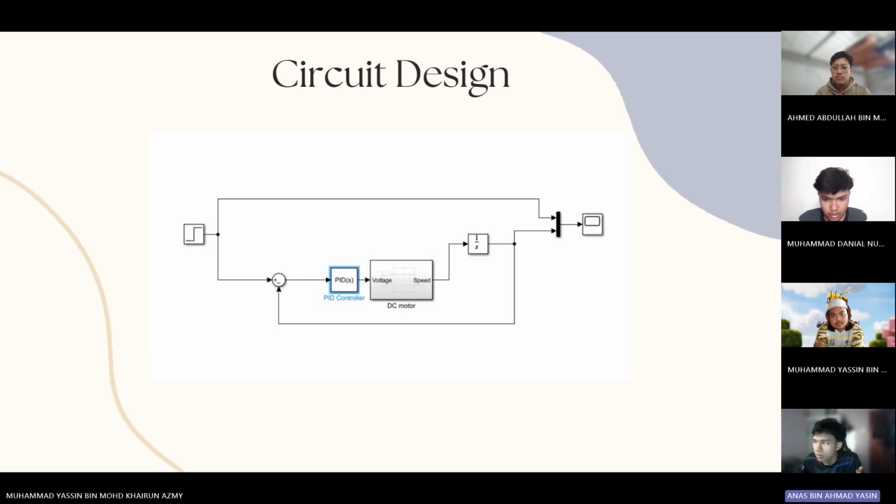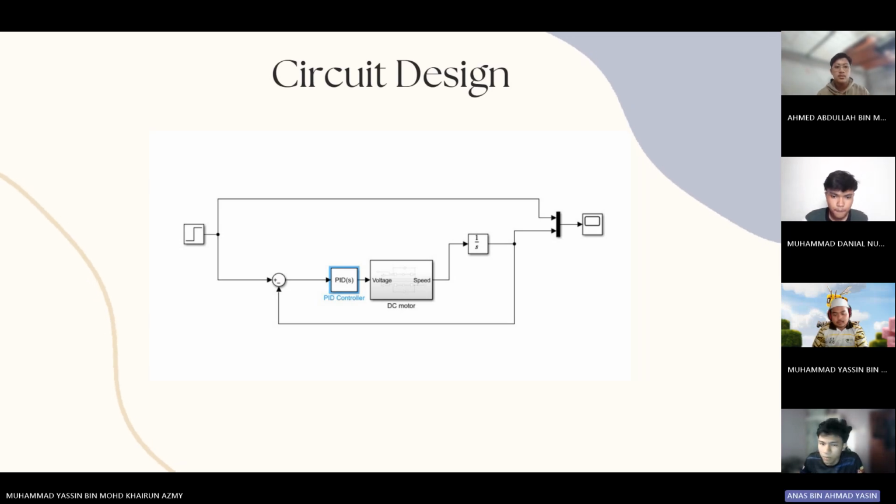The controller applies proportional, integral, and derivative control to reduce the error over time by adjusting the motor input voltage accordingly. Since we are interested in position, not just speed, the output speed is passed through an integrator block, which converts speed into position over time.